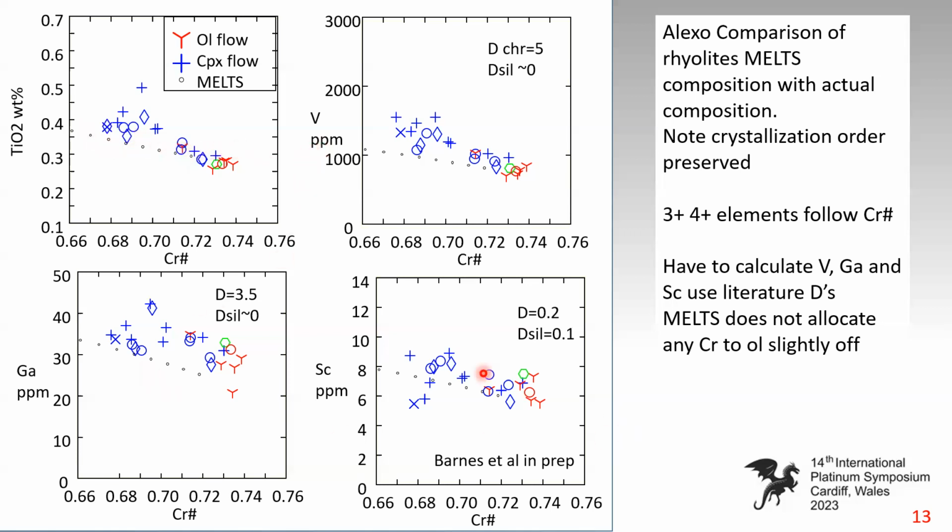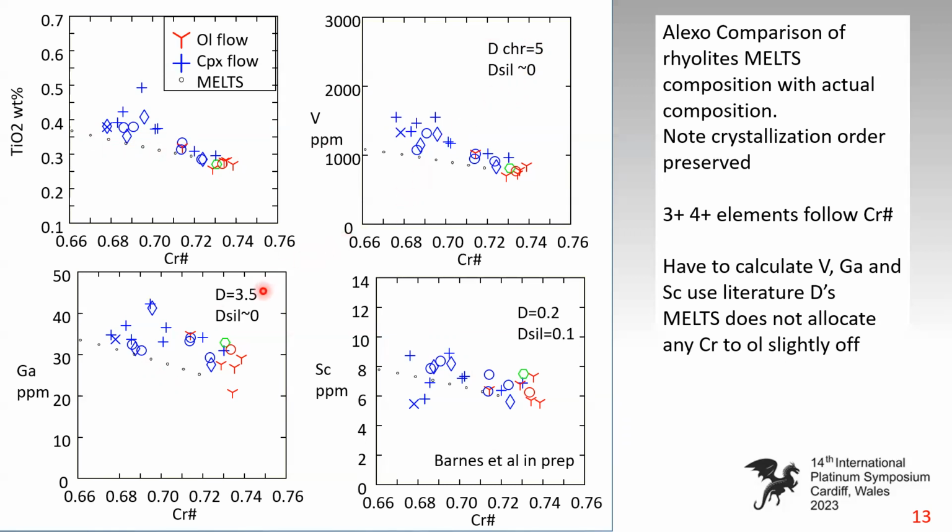For the other elements, MELTS will not give you an answer for the trace elements because it doesn't do the trace elements. You have to make some assumption as to what the D partition coefficient is for each element, but there's experimental work for this. So in this case, I've used 5 for the vanadium, and in the silicates, it's only olivine crystallizing, so it's approximately 0.